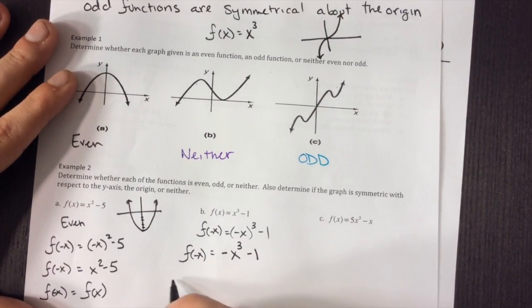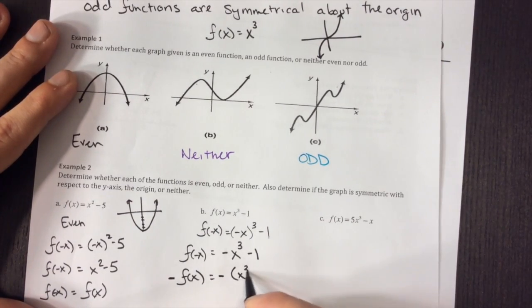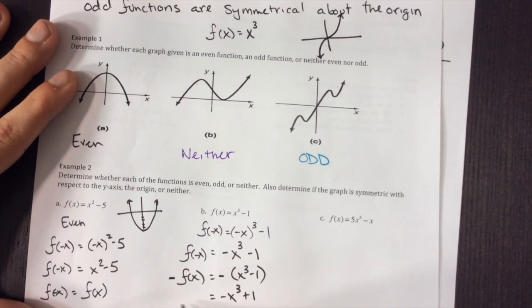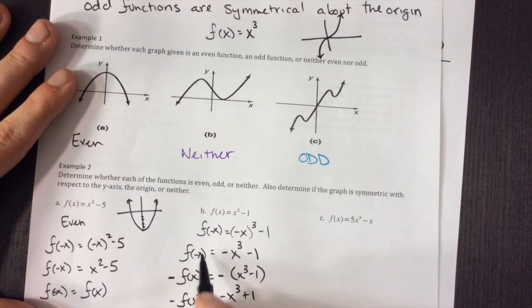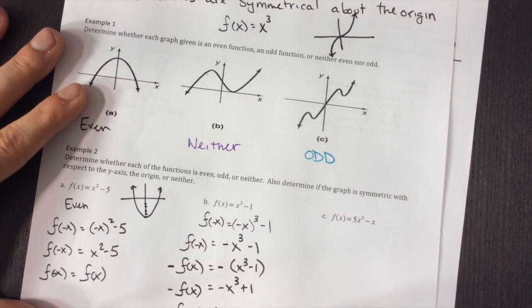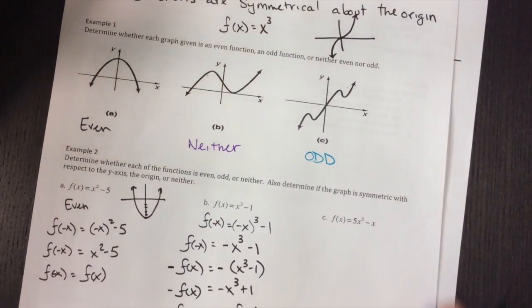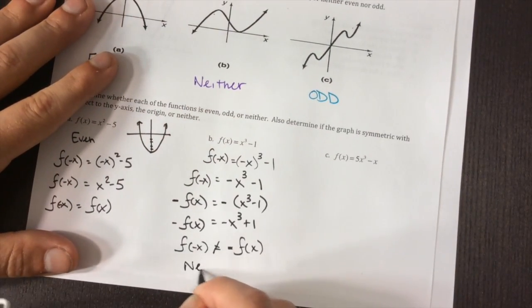And I want to also see what negative f of x is equal to. Negative f of x would be negative x cubed minus 1, or negative x cubed plus 1. So I can look at f of negative x, and I can see that it's not equal to negative f of x. And so I can come to this conclusion, and I just proved that this is not symmetrical.